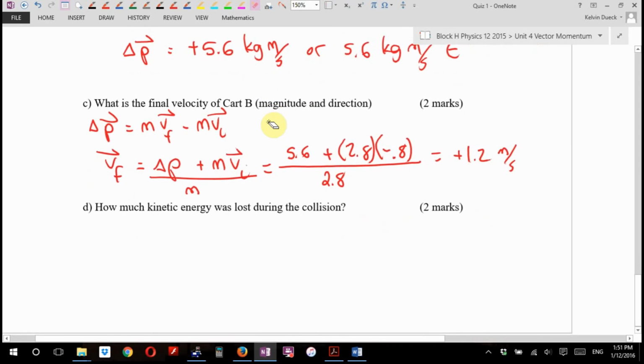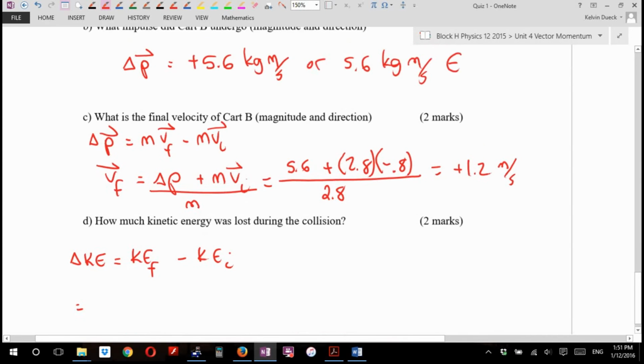How much kinetic energy was lost during the collision? That's going to be KE final minus KE initial. Before the collision, what was moving?